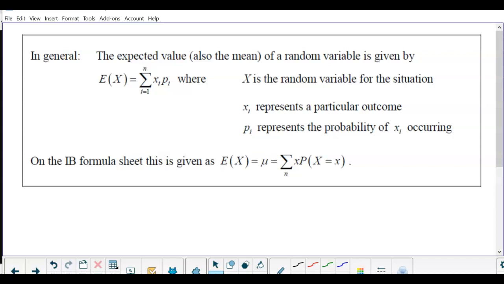When you study for your IB exams, you'll get a data booklet, and this is what it'll look like. This is the IB notation.